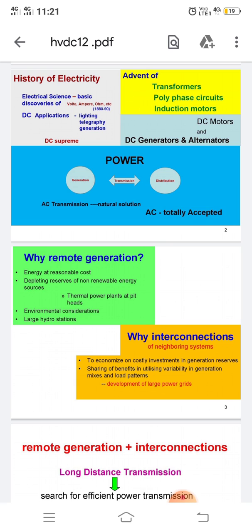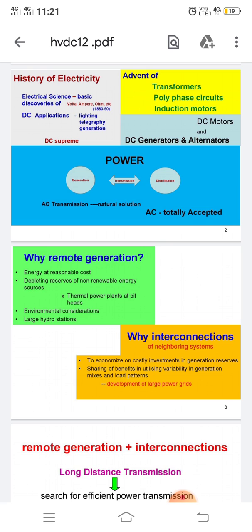Then remote generation and system interconnection lead to a search for efficient power transmission at increasing power levels. The increase in voltage level is not always feasible because of the problems of AC transmission, particularly in long distance transmission, which has led to the development of DC transmission.